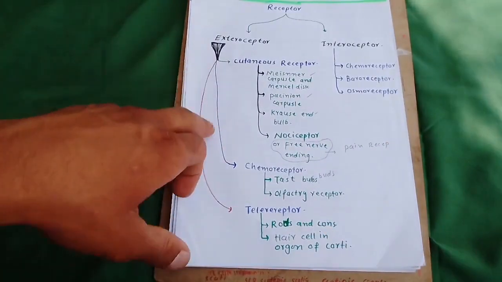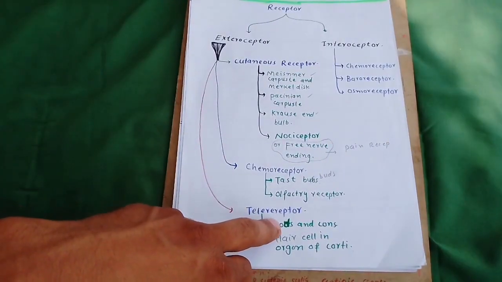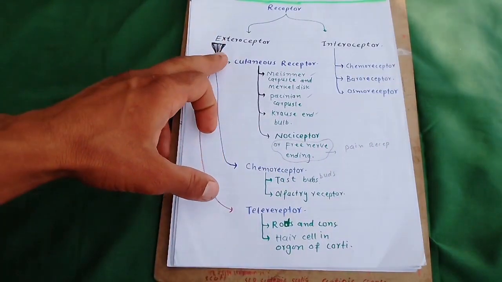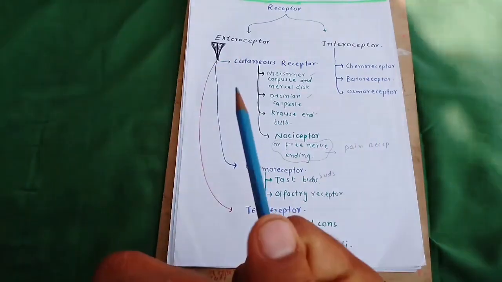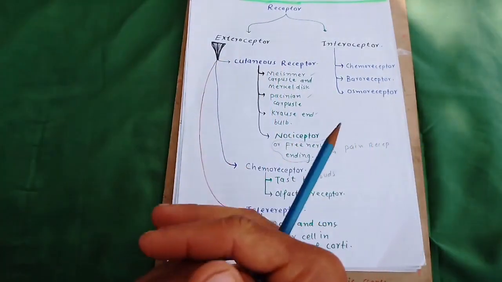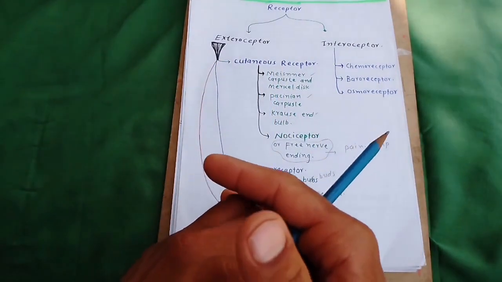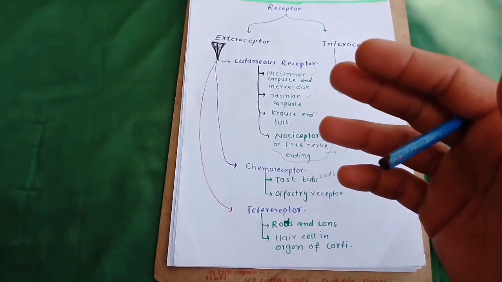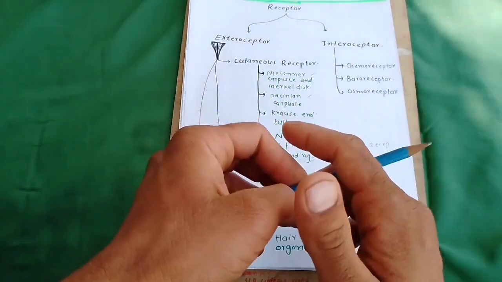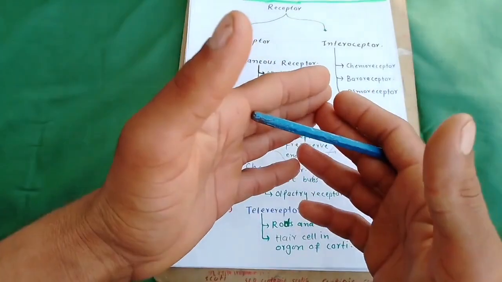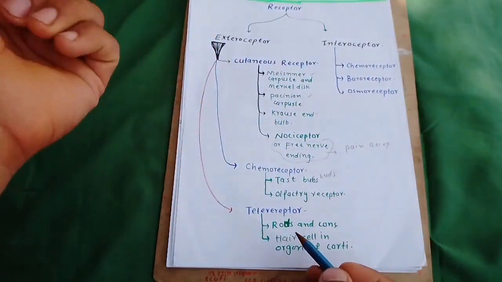Telereceptors are also exterior receptors. Telereceptors are those receptors which receive stimulus from outside of the body, which does not need to be touched or vibrated, but receive stimulus from a distance, like light and sound.